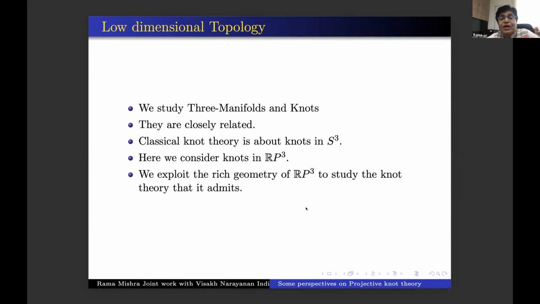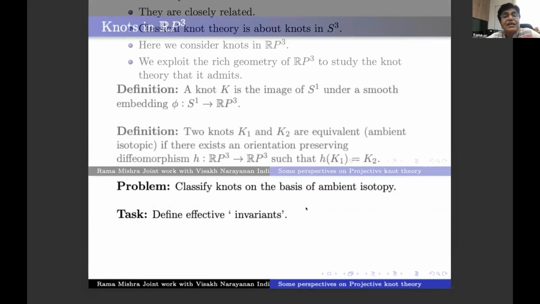Right now, I'm going to focus on the more topological side, just comparing how classical knot theory ideas can be brought into developing knot theory for knots in RP3. And we will see that the rich geometry of RP3 really brings a lot of good flavor to it.